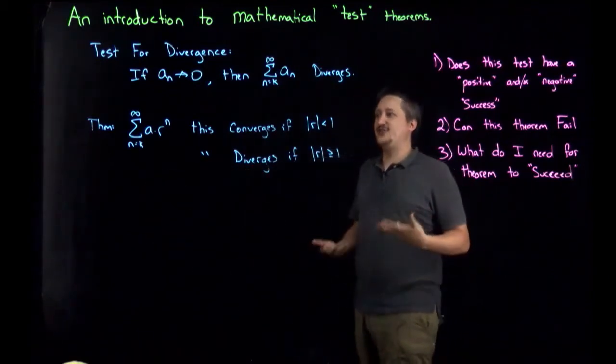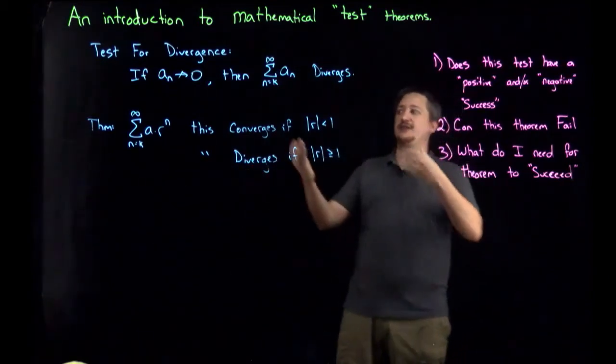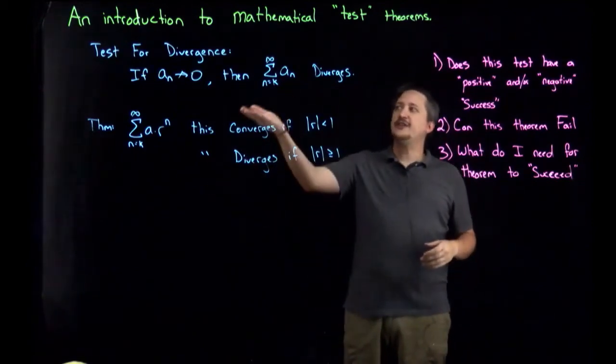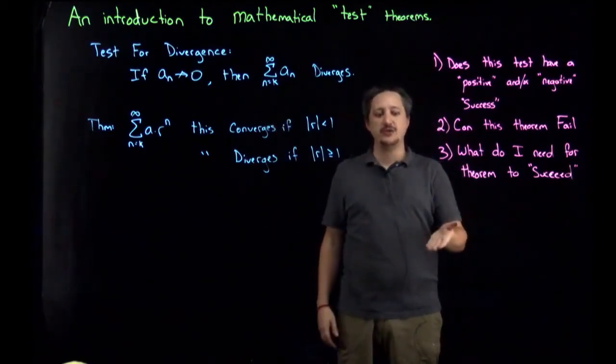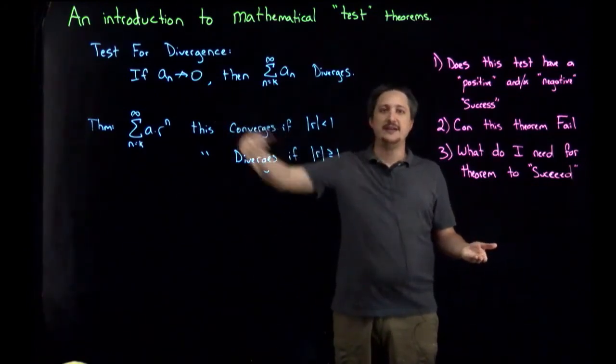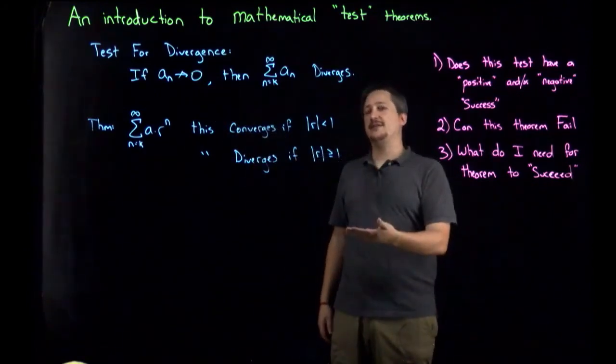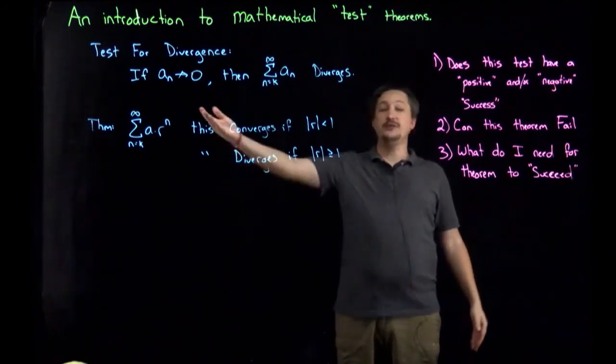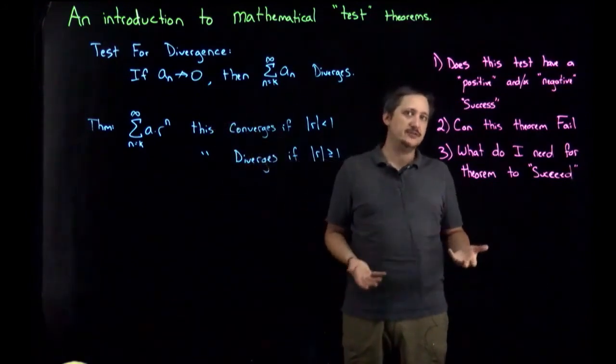So the fact that it's a geometric series is sort of the catalyst to even invoke this theorem. Whereas the test for divergence, it may not be obvious looking at it what the limit of the nth term, the limit of the an is, so you might invoke that thing before you find out that it really does go to 0 and thus it failed, right?